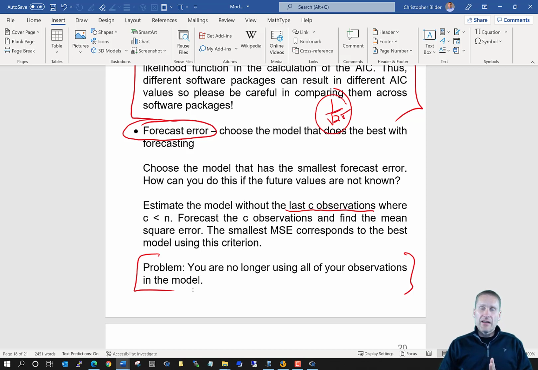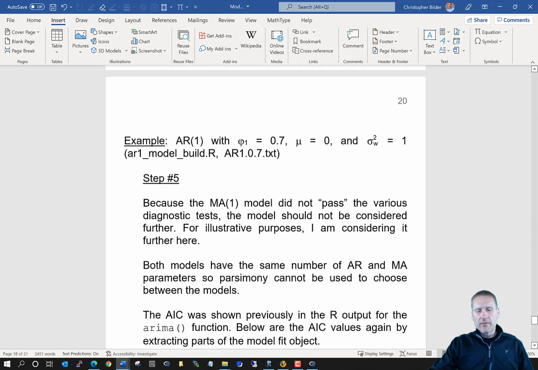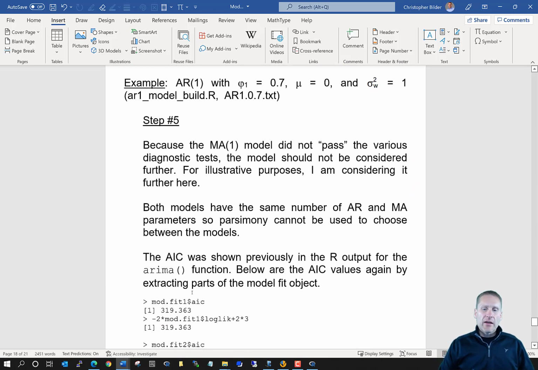But instead, if you chopped off the last 10 of the series and based your model on t equal 1 through 90, now you're using t equal 90 to help predict 101. That wouldn't be an ideal thing. So that's why I don't usually focus on using forecast error as a way to choose between different models. Okay, so let's go back to this AR1 example.